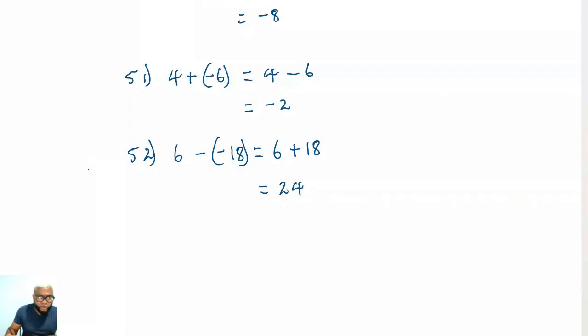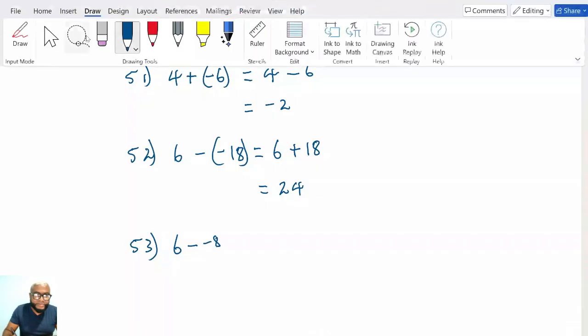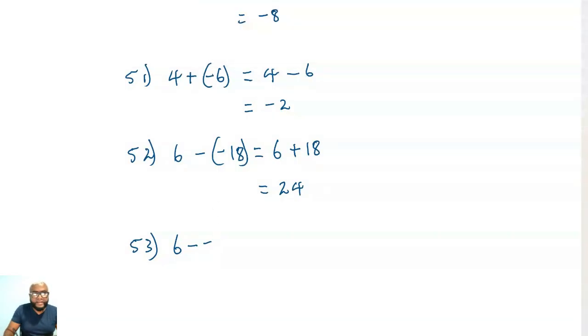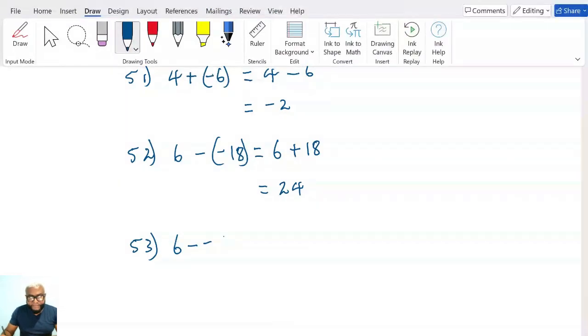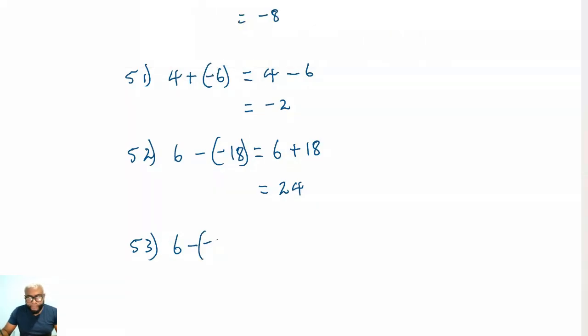Makai, you wrote down the question for 53? Yes, sir. Right, what's the question? 6 take away, in brackets, negative 18. Right, so a minus and a minus becomes a positive, and then 6 plus 18.